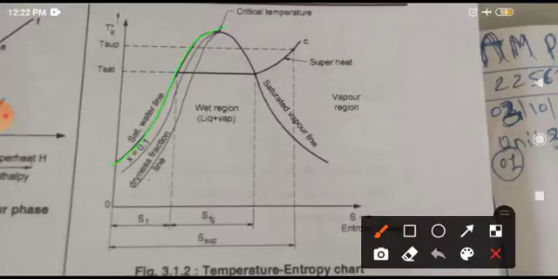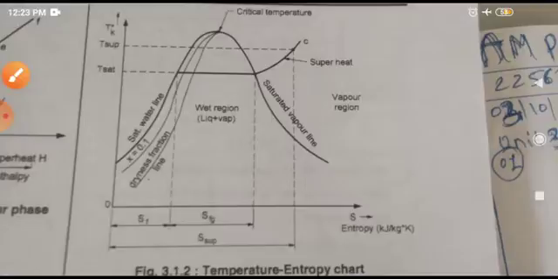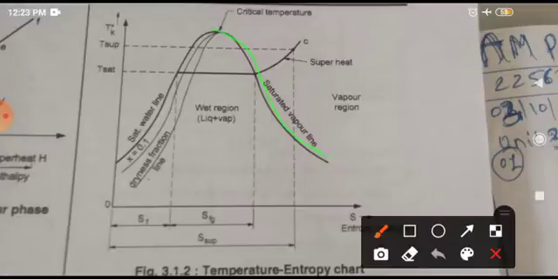Here you see the saturated water line, up to this saturated water, and here this is saturated vapor. That means at this line the total liquid phase is here, and from this point onward it is all vapor.